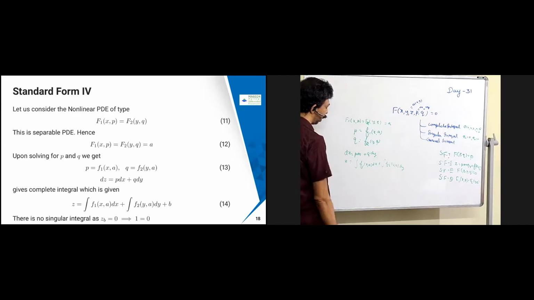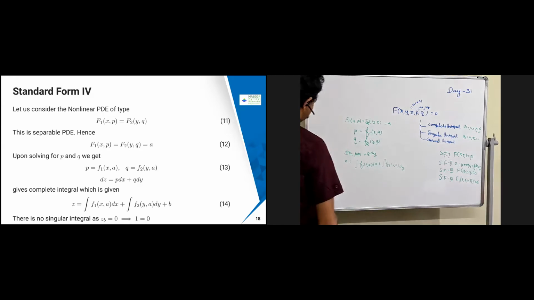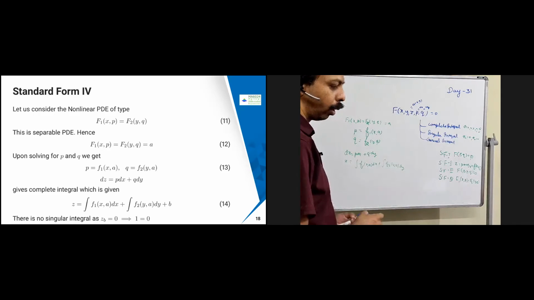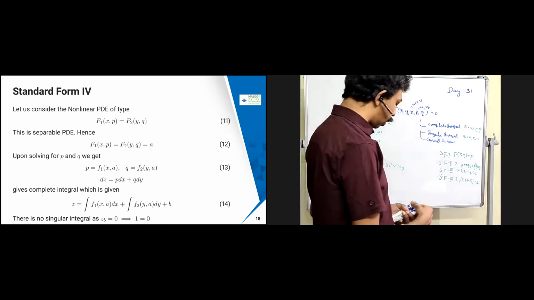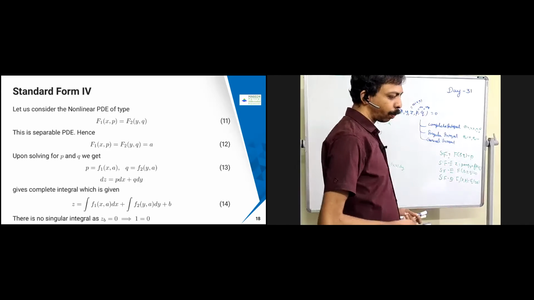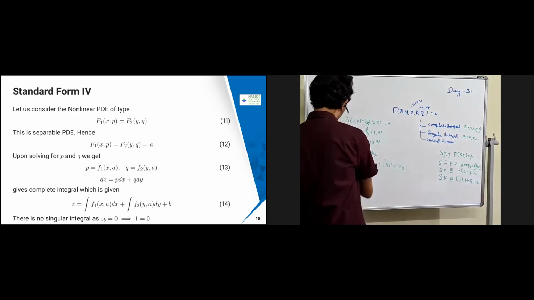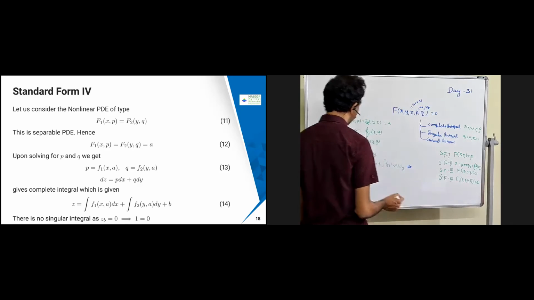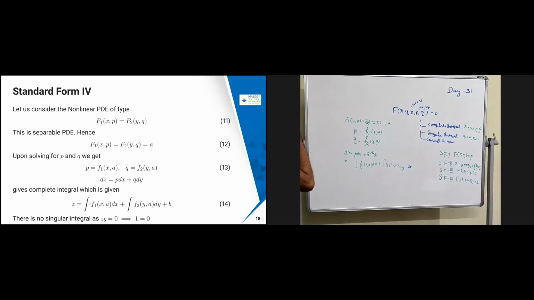So here there is no singular integral, because when you integrate, I already integrated here, therefore I have to get some constant also, that I am keeping as b. Because it is a two parameter solution, like x and y are there, at least two constants should come, otherwise it is not complete.